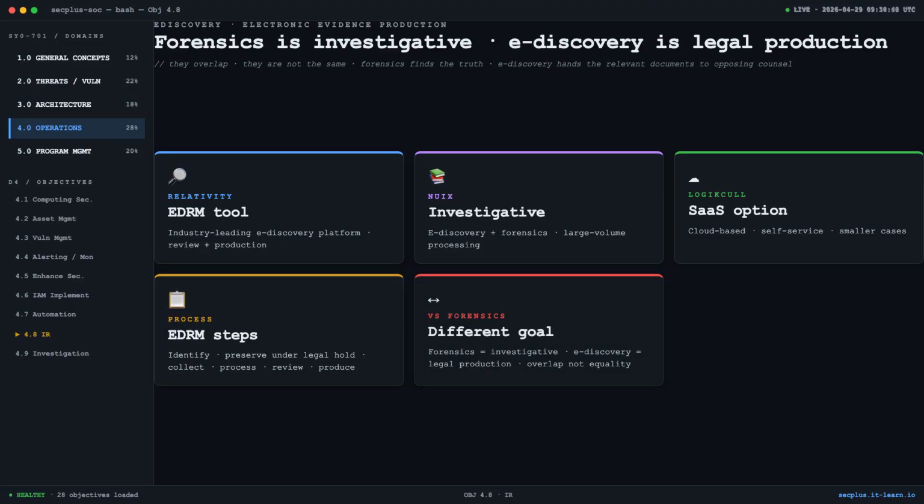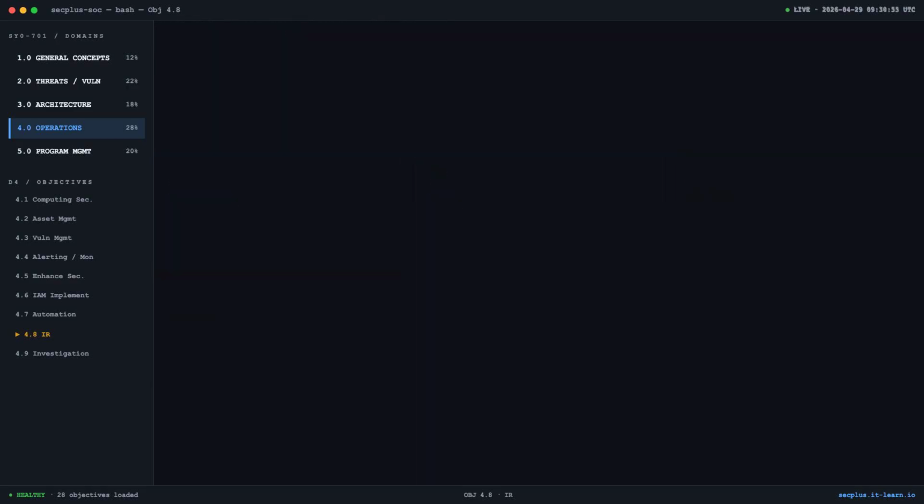Quick recap, organized as a 6-phase IR program. 1. Preparation. Plan, team, tools, legal contracts, evidence procedures. 2. Identification. Detect, triage, declare, scope, assess severity. 3. Containment. Short-term, then long-term.